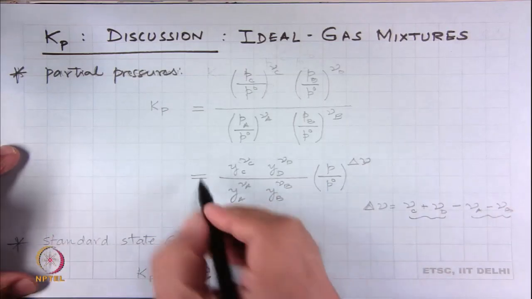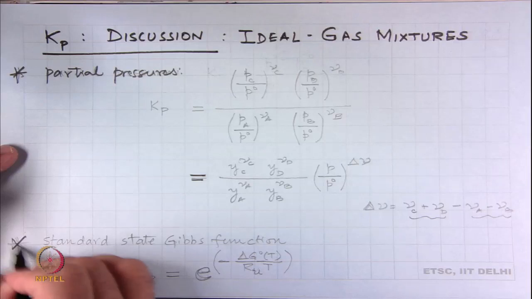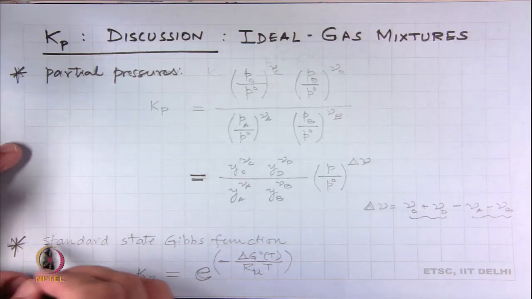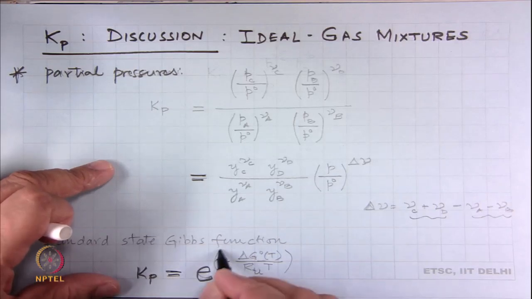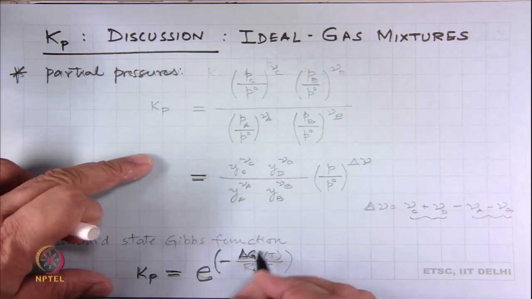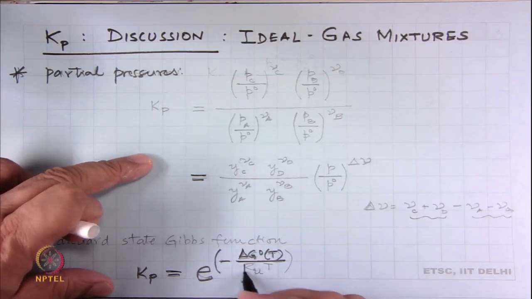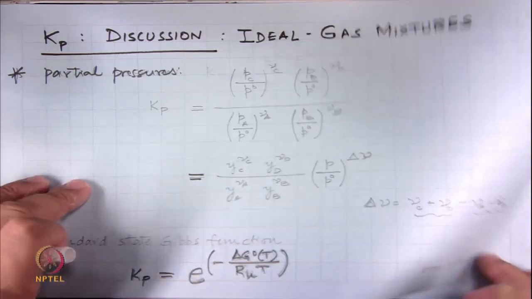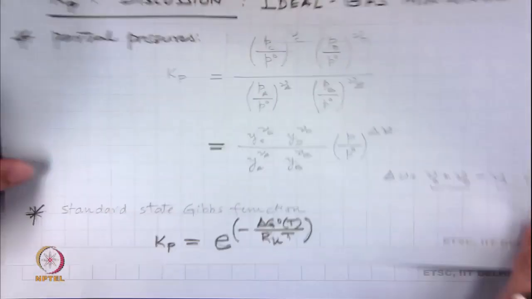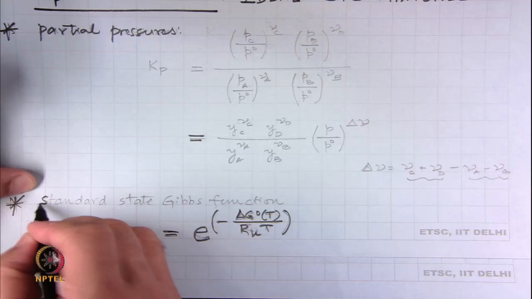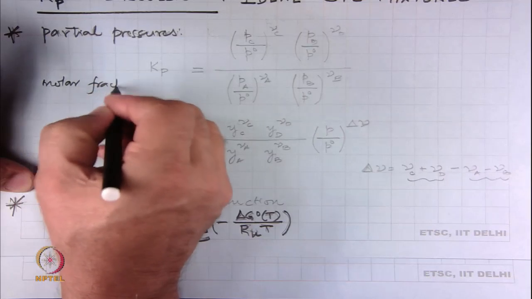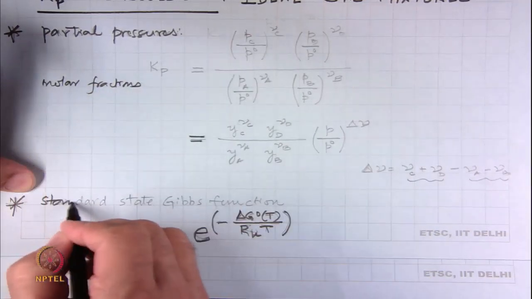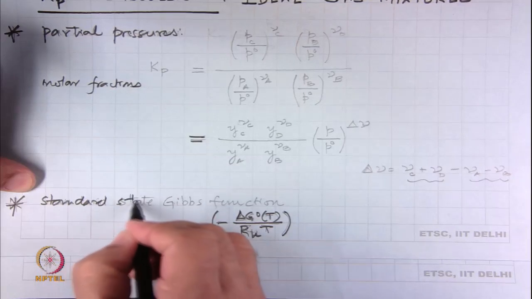I will not rewrite this equation, we already have this before us, and K p can also be written in terms of the standard state Gibbs function as K p is equal to e to the power minus delta G 0 T upon R u T. This is the same expression that we got earlier. So, there are two ways in which we are able to express K p, once as the partial pressures or molar fractions, or as the standard state Gibbs function.